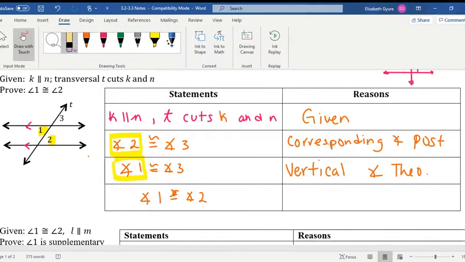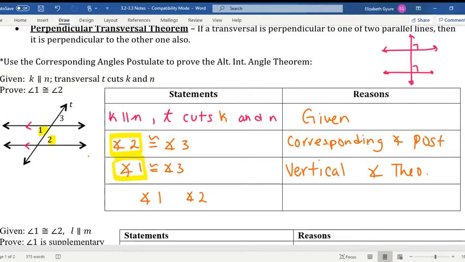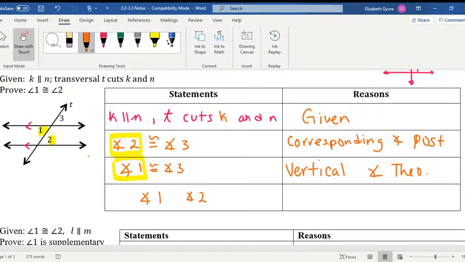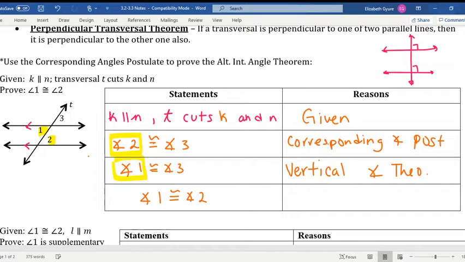Technically if they were equal signs, we could use the substitution property. But substitution property can't be used with statements of congruency. So does anyone remember what we would use instead? Peyton? Transitive property, yes, which is very similar. They're almost always interchangeable except when it's congruent. So transitive property. Does that make sense?